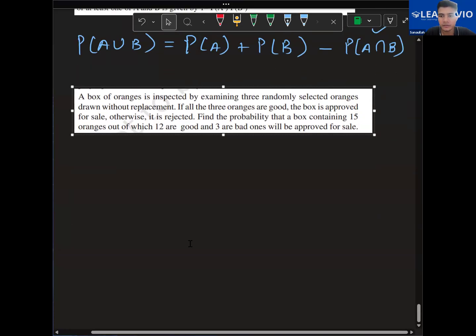If all three oranges are good, the box is approved for sale. Otherwise, it is rejected. Find the probability that a box containing 15 oranges, out of which 12 are good and 3 are bad, will be approved for sale. So you have a box with 12 good oranges and 3 bad ones. You have to find the probability. This is an easy question. Yeah, do this.